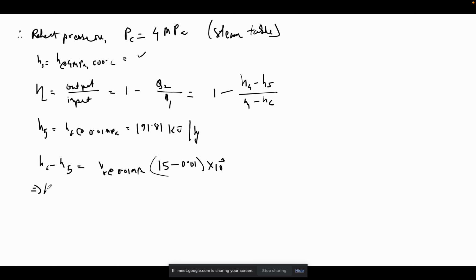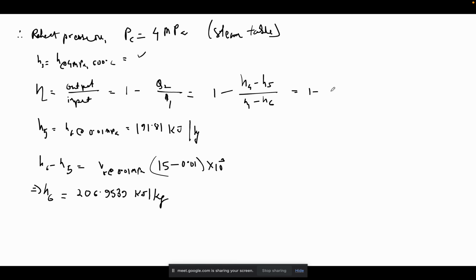From here I get H6 is equal to Vf, 0.00101027 into 15 minus 0.01 into 1000, plus 191.81. So that is your 206.9539 kilojoule per kg.